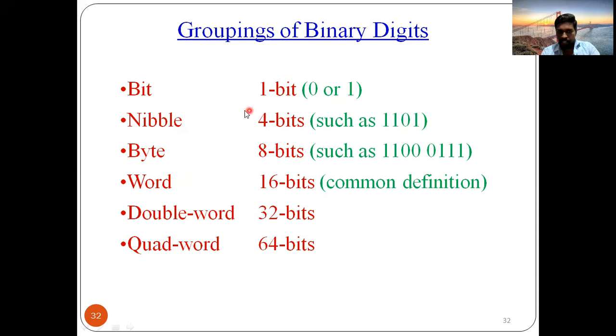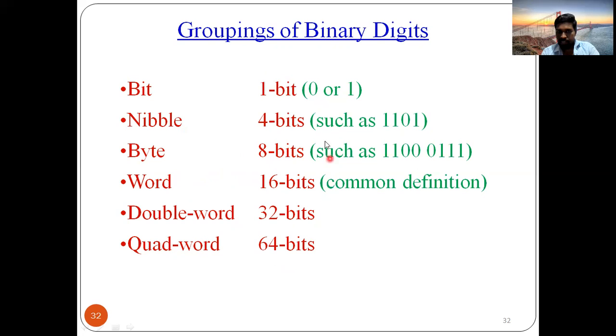Why I am saying all these is, you will be asked a question like 1 byte is equal to how many nibbles? 2 nibbles. One word equal to how many nibbles? 4 nibbles. Or 1 word equal to how many bytes? 2 bytes. Like that, we can convert from one to other.